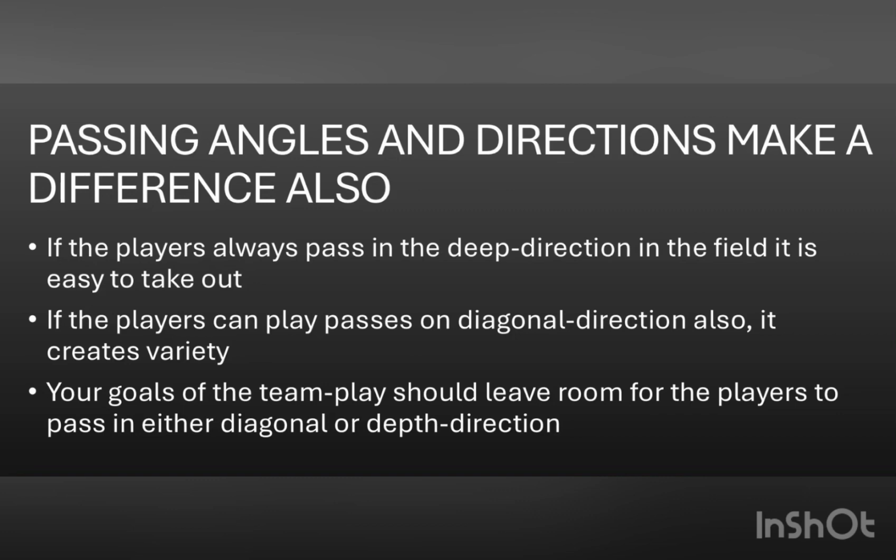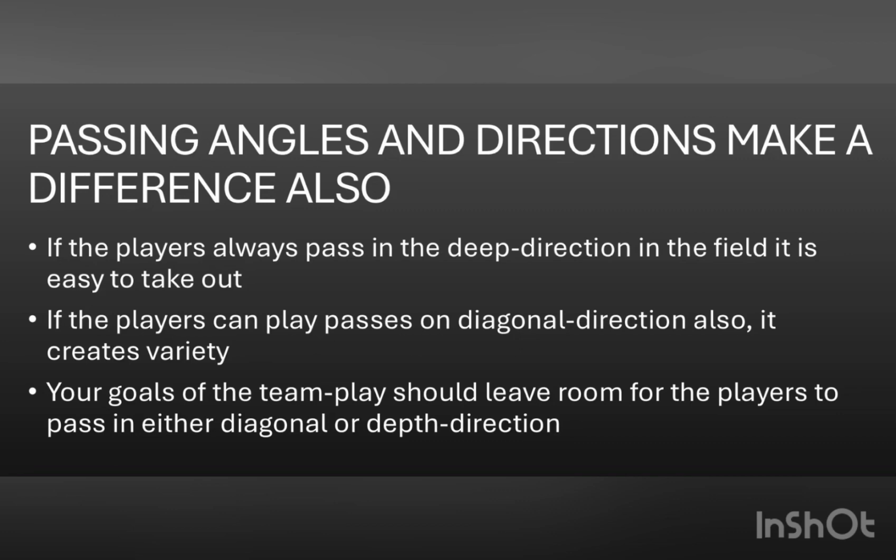If the players can pass sometimes in the diagonal direction also, you will be able to open up a huge pile of different scoring chances and scenarios for your team. So try to pass diagonally as well.